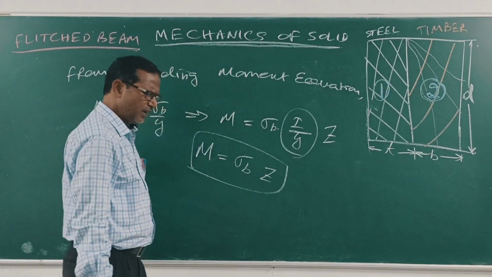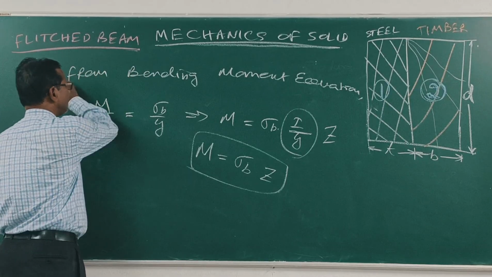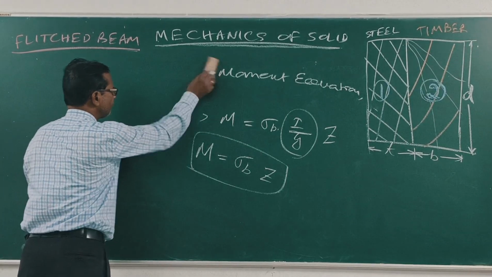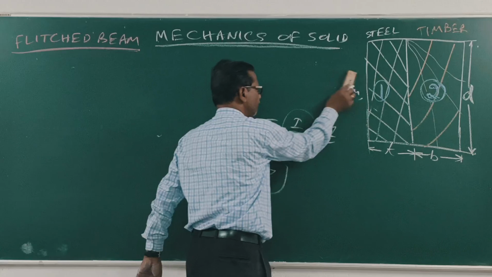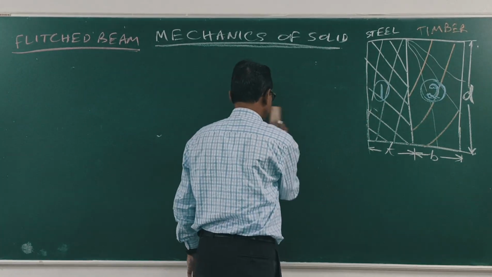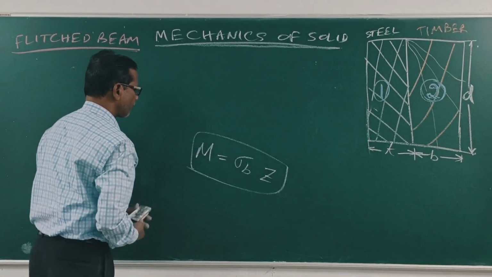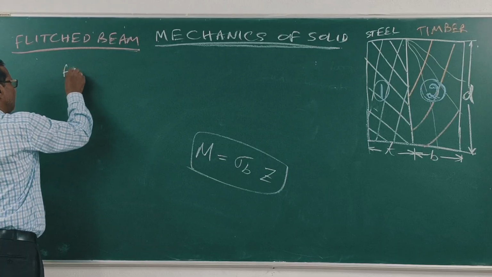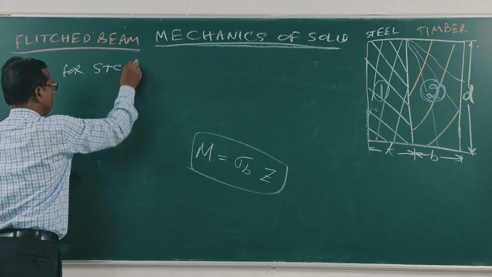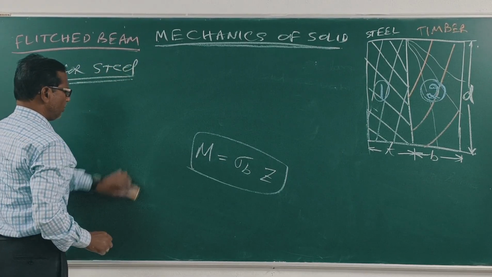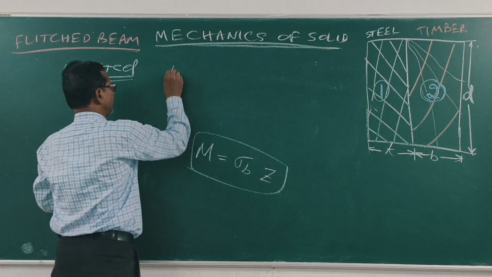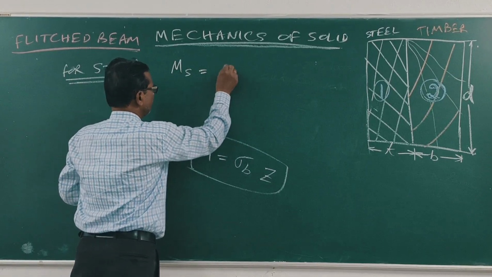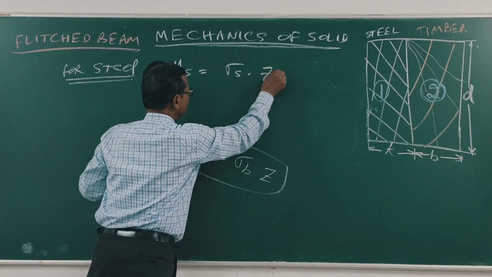Now, for steel, Ms is equal to sigma s into Zs.